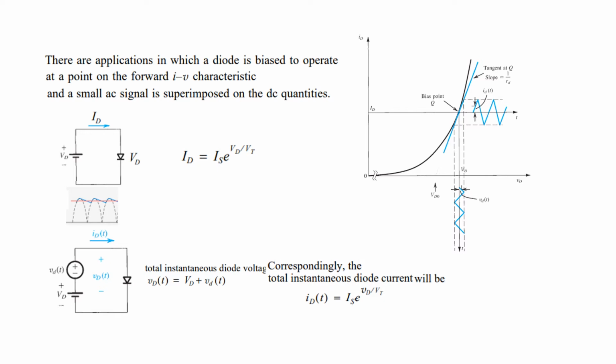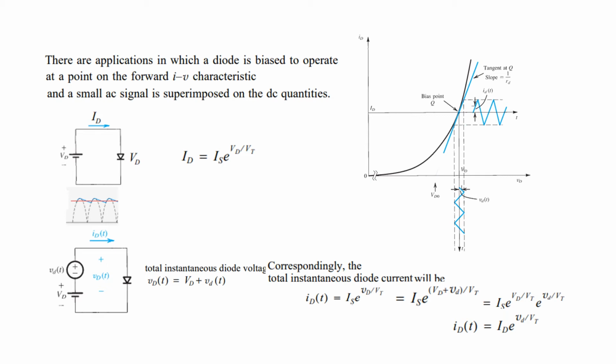And correspondingly, this relation will now change. ID will become this instantaneous current iD, and for this voltage, instead of capital VD we will now write the AC plus DC voltage vD, and this can be further written like this: VD plus vd. Separating this, now this term is actually the IDC term, so it could be written in this form as well.